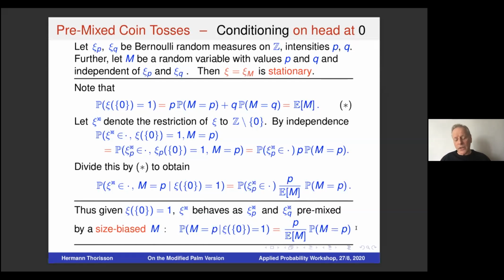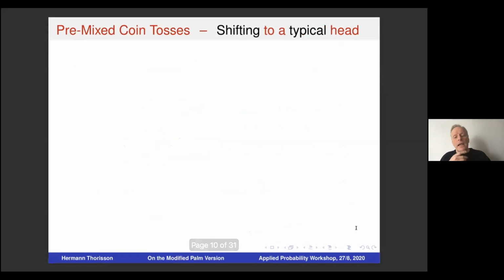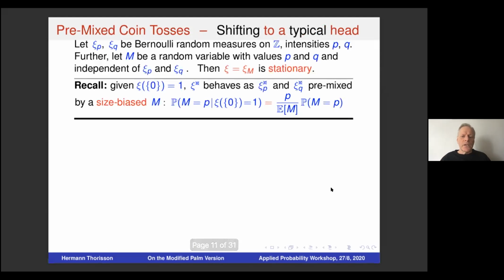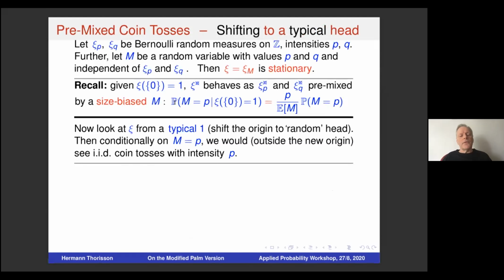But the interesting thing is that a size bias is going on by this conditioning on the head at the origin. Now let's look at what happens when we shift to a typical head and do not do this conditioning. So this is what we had, and recall the size biasing when we condition. And now look at Xi from a typical head, shifting the origin to a random head.